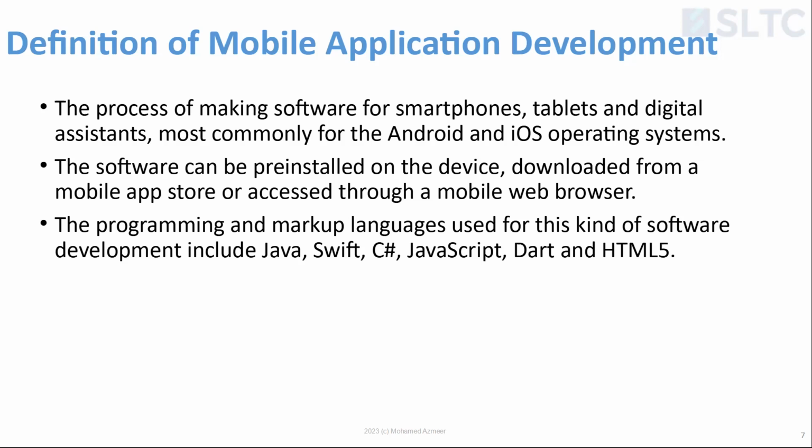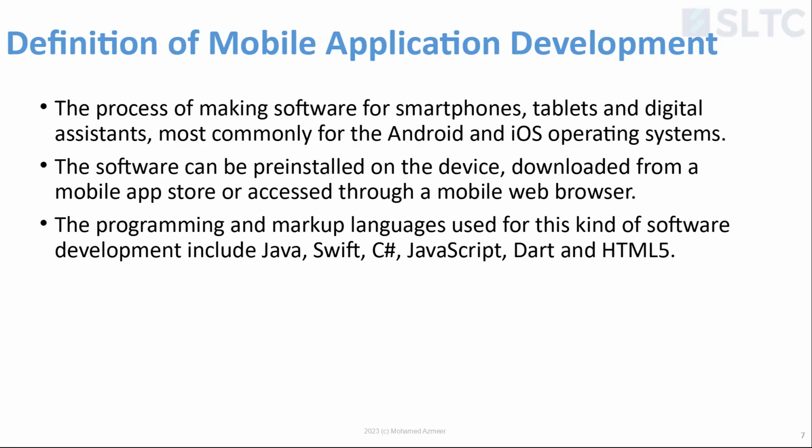When you start the phone, you get some apps, right? So these are apps that come pre-installed. Or you can go to the app store and download something and install it there. Or there is another way to access an application, that is using the browser and then going to the application and seeing how it works. So three ways of accessing.